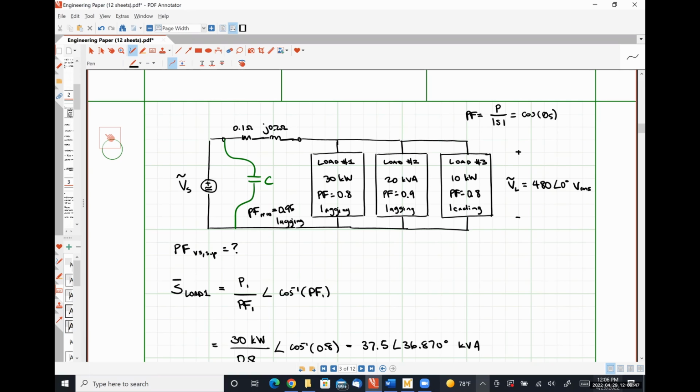I am going to give us a necessary piece of information. I'm going to tell us that our system is operating at a frequency of 50 hertz, because without that, we literally cannot get it.